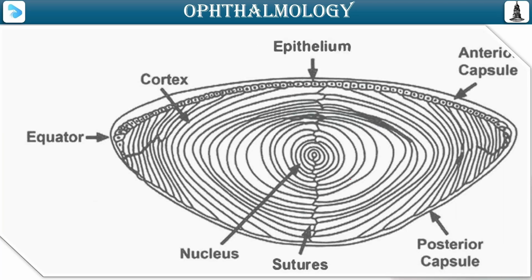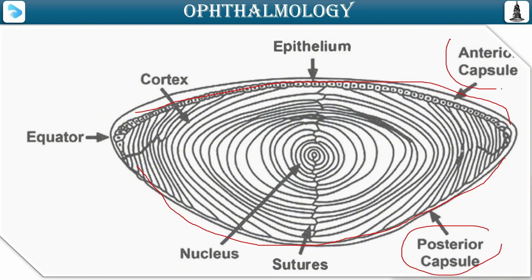Okay, leaving the accommodation to the lens capsule. The lens is surrounded by a capsule, which has an anterior portion and a posterior portion. Posterior capsule, as we see here, and the anterior capsule.